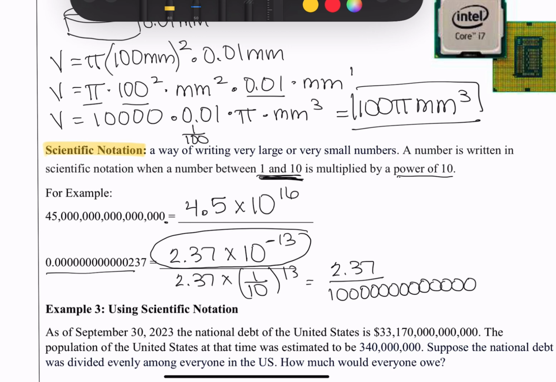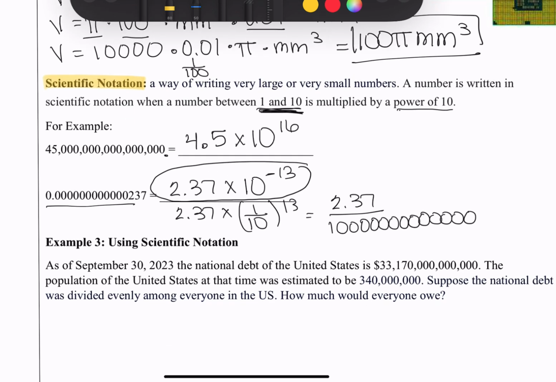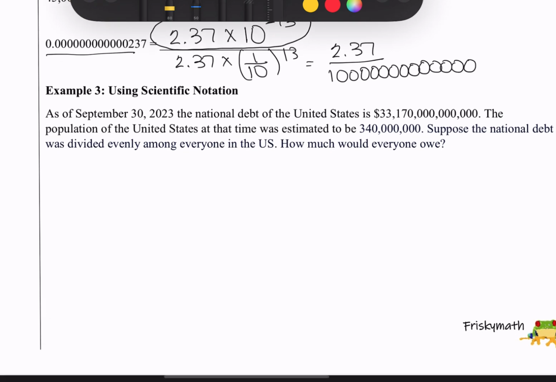So we can use scientific notation to kind of make our lives easy along with our properties of exponents. So here's a couple of examples. Example 3. As of September 30th, 2023, the national debt of the United States, hundreds, thousands, millions, billions, trillions. Okay, it's like $33 trillion.